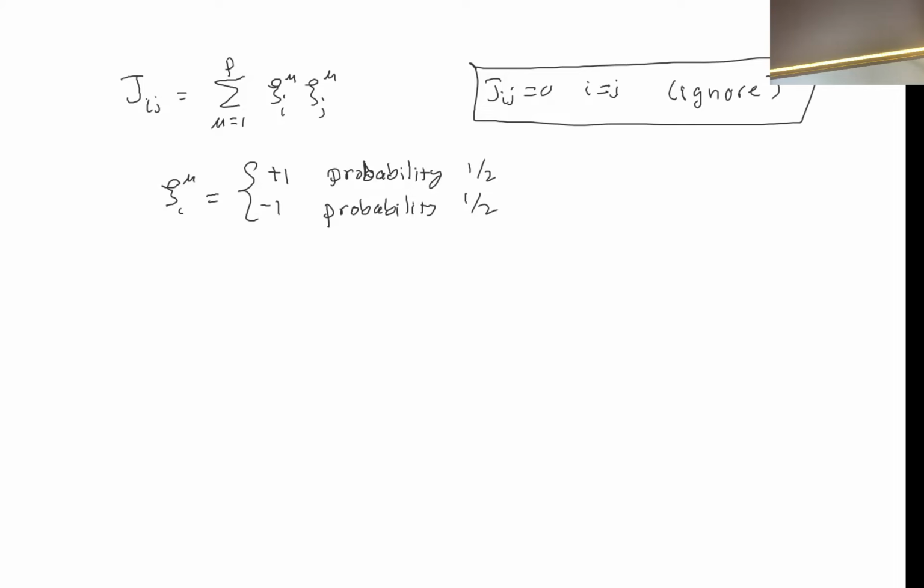And so these are completely random binary vectors, and P equals the number of memories.